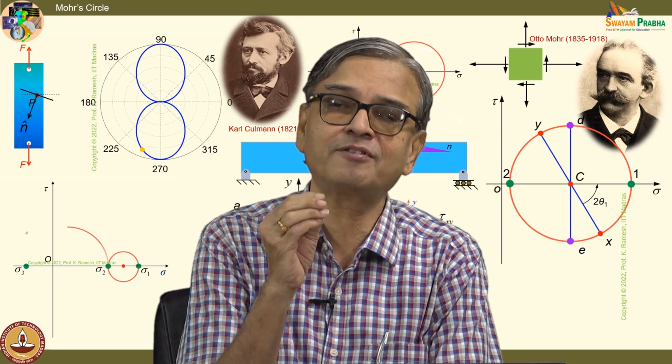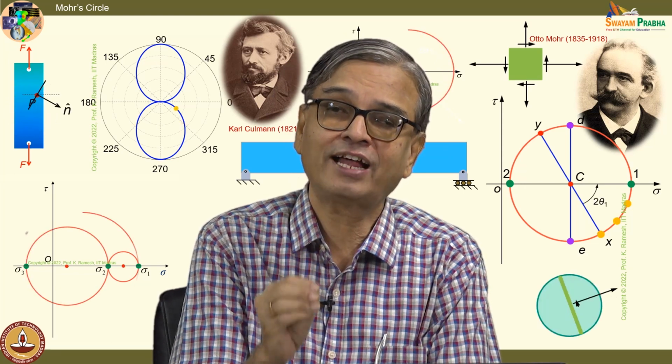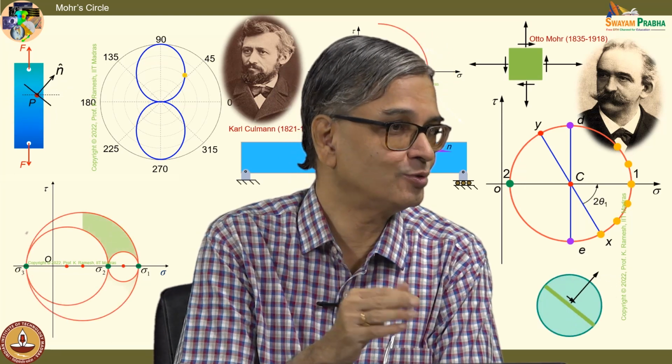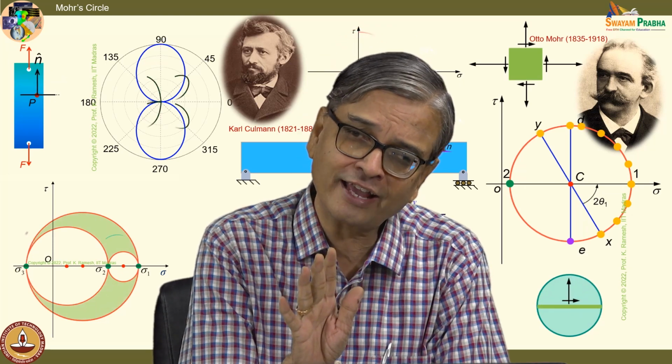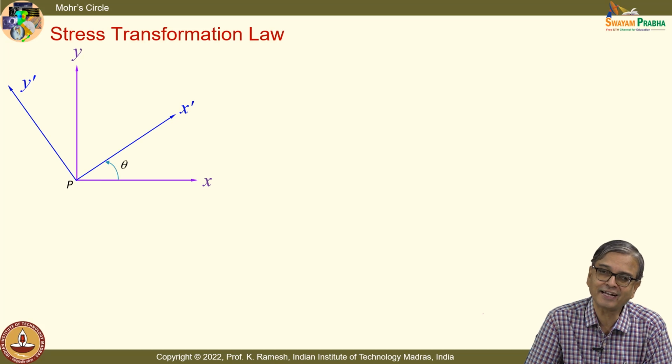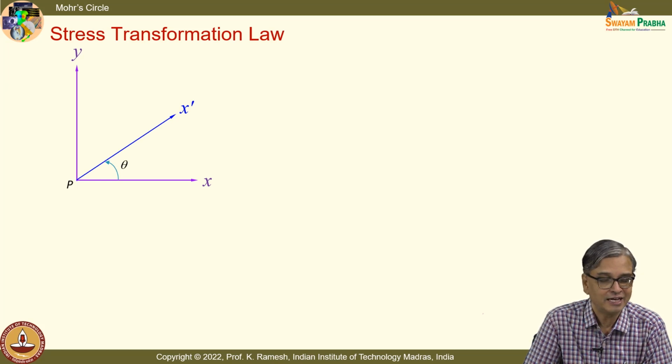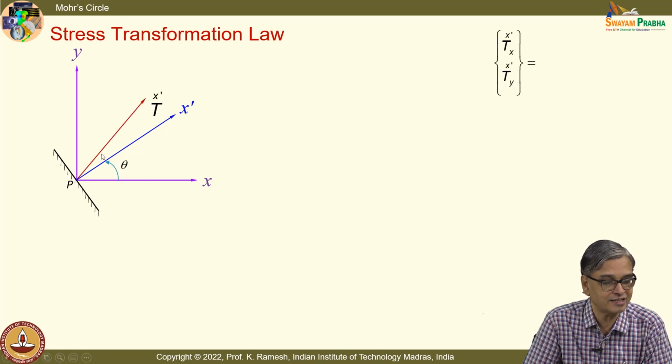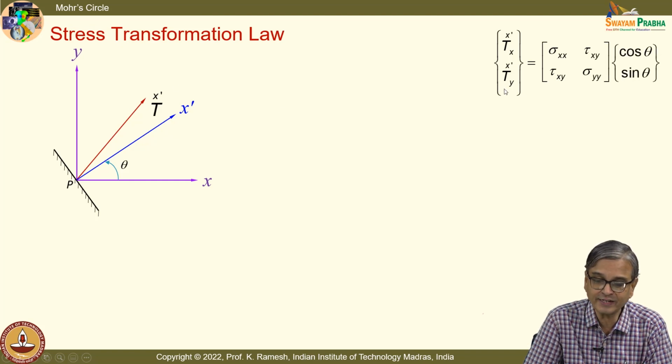See, stress transformation law, until you graduate, you will have to be with it. You will be repeatedly doing it in your higher courses also. So, there is no harm in repeating it again and again, and we have seen it from first principles. I have to get the stress vector Tx prime, and stress vector you get it by Cauchy's formula.